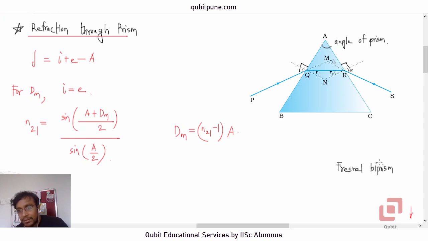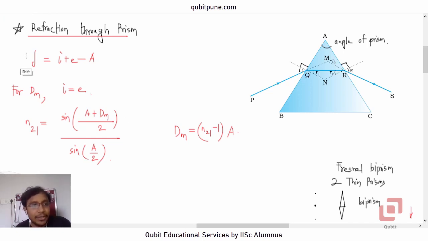When you have two thin prisms and you join them like this, one thin prism and another thin prism, then you get a biprism. You keep a monochromatic source of light here, and it is going to produce two virtual sources due to reflection and refraction, and then these two coherent sources will show the interference pattern.